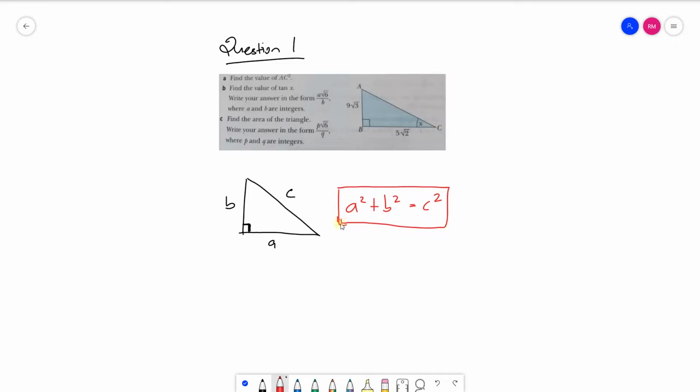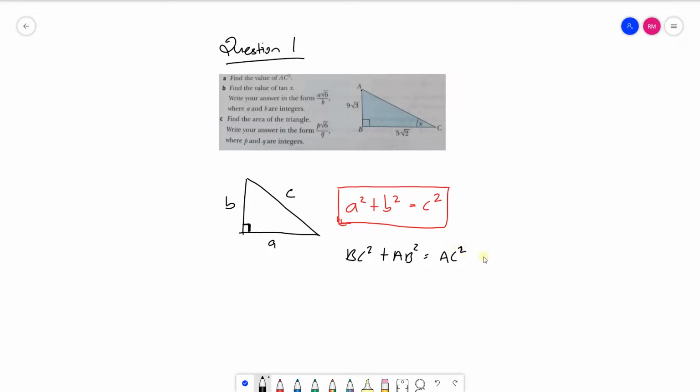So we can use the same rule to find what AC is right now. In order for us to find AC, we can simply substitute this a with BC, which is BC square, plus b, which is AB square, which is equals to AC square, correct?